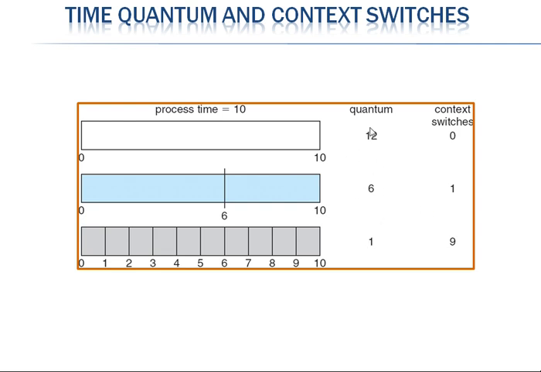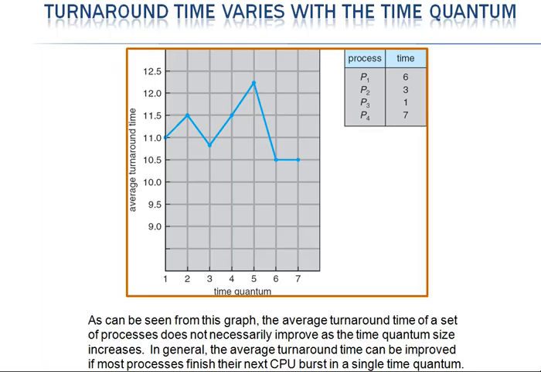And if you take the time quantum as 1, there will be 9 context switches. So it is very important to carefully select the time quantum to avoid context switching and additional overhead.